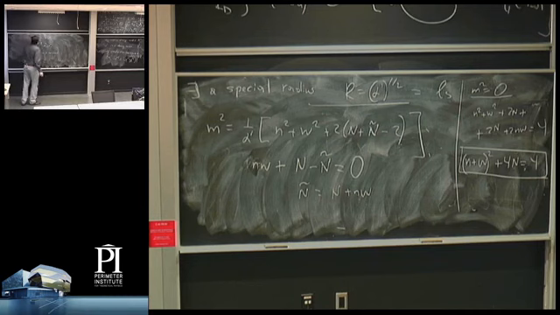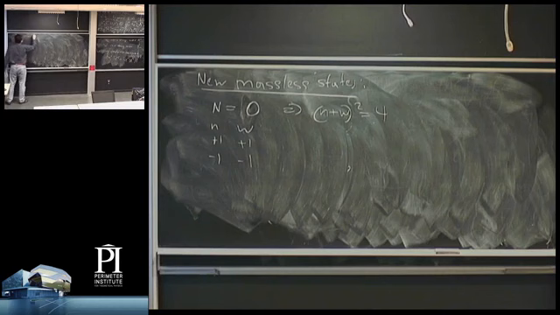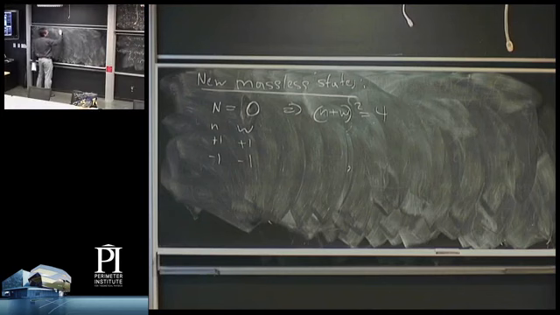Okay? So now you can immediately see that in addition to the massless states that I discussed before, there are new massless states. So what are those new massless states? I have to solve that equation in terms of integers. Well, there are two types.